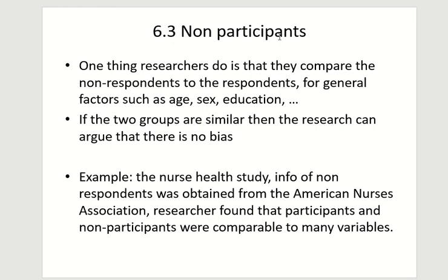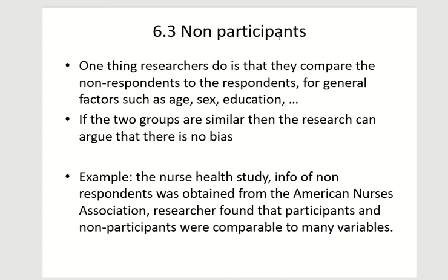For example, let's go back to the Nurses' Health Study. I know that I have about 70% response rate and 30% refused. For all those that refused to participate, I do know a little bit about them because, in the order of pharmacy, I have the general characteristics of all nurses.